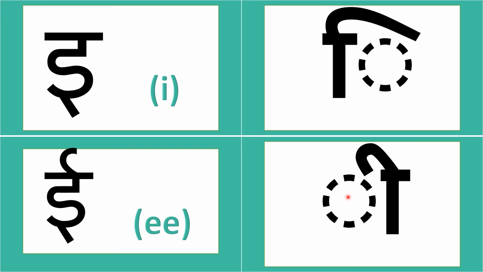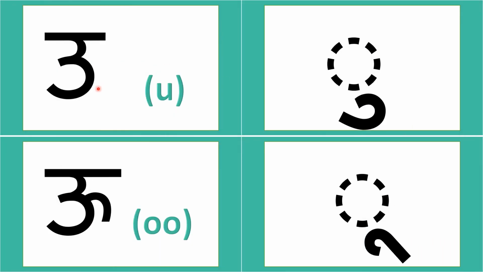Suppose here it is ka and here is I, but we are using the symbol. So ka, I, ki, and this Ee, ka, Ee, kee. You can also remember that this symbol will come before the consonant for I, and for this Ee you can remember that this symbol will come after the consonant.